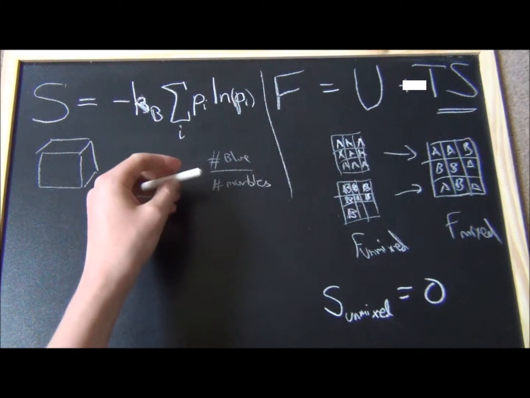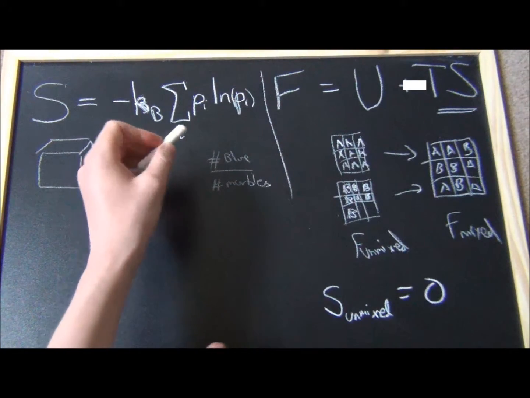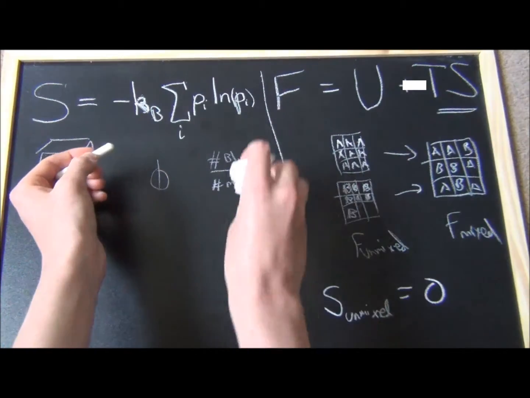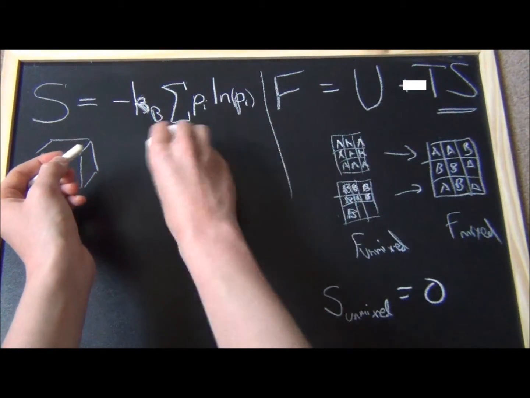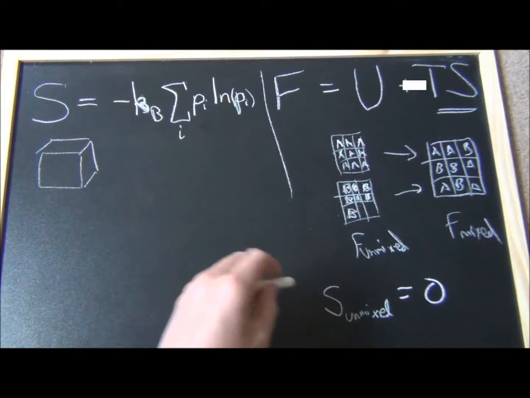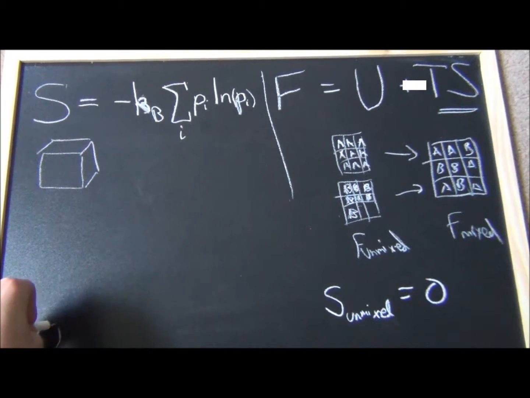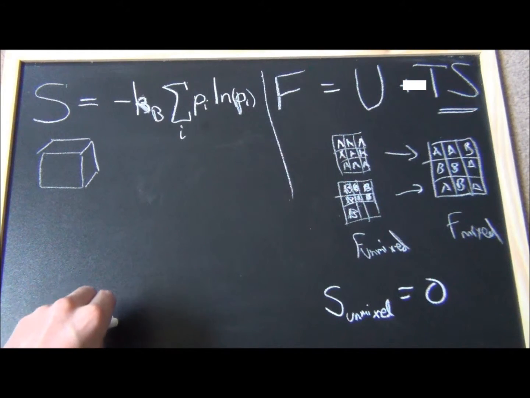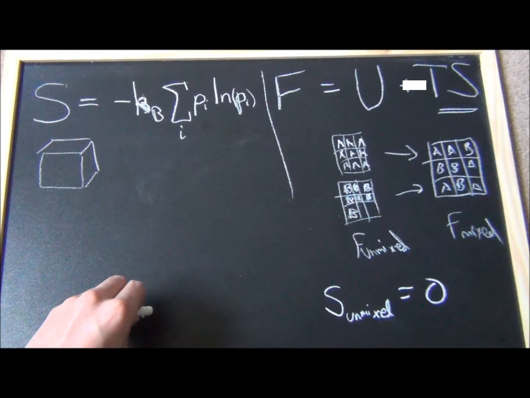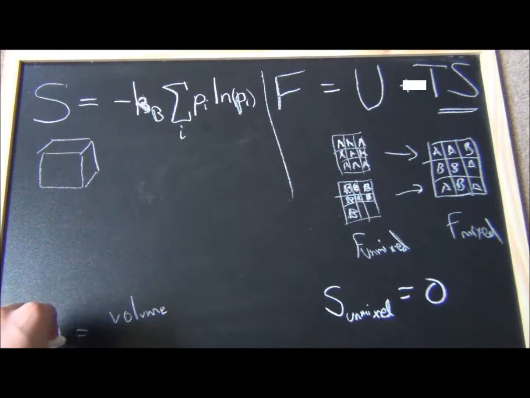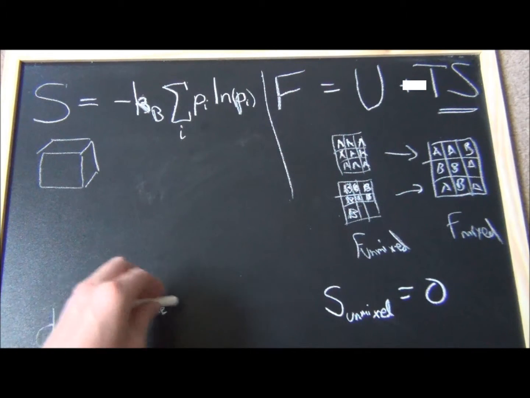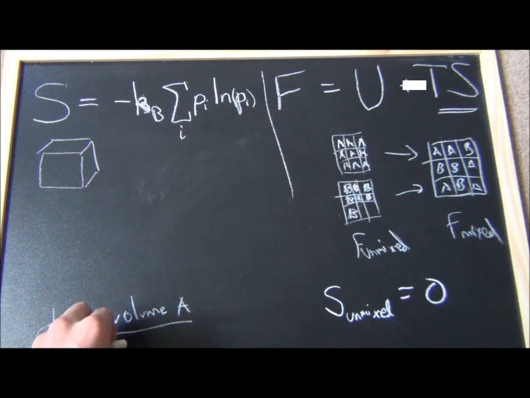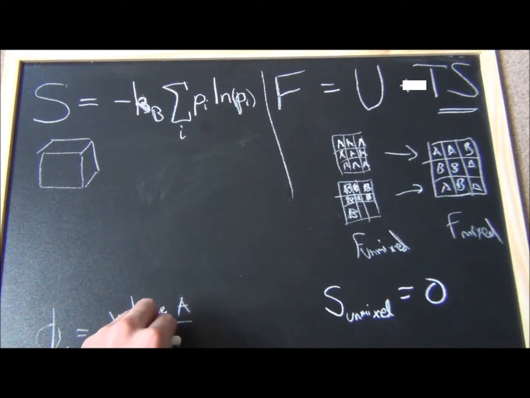And we define this, or a similar quantity to this, as something called the volume fraction. So, define it down here. We have volume fraction, and we actually define it as, let's say the volume fraction of liquid A would be the volume of A divided by the total volume.